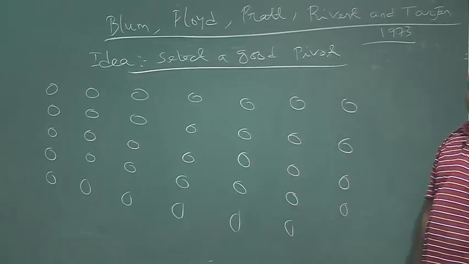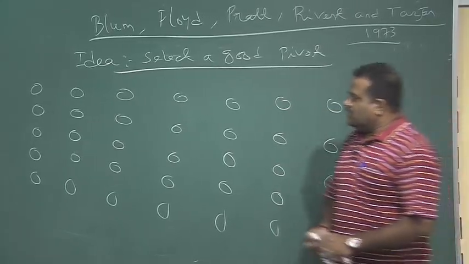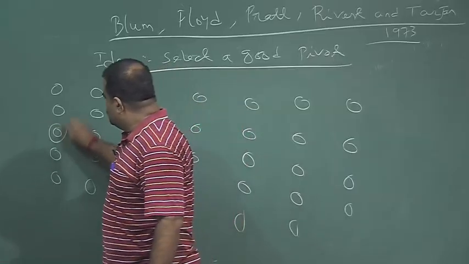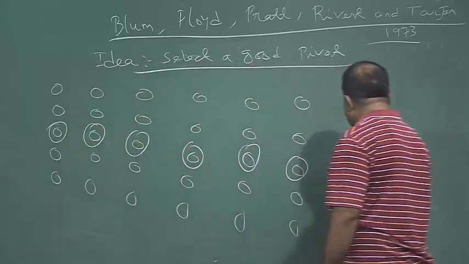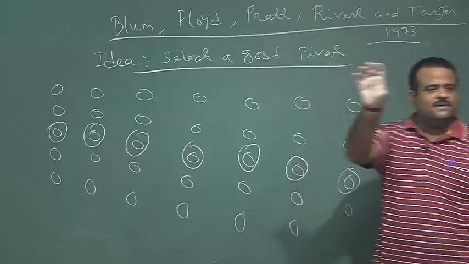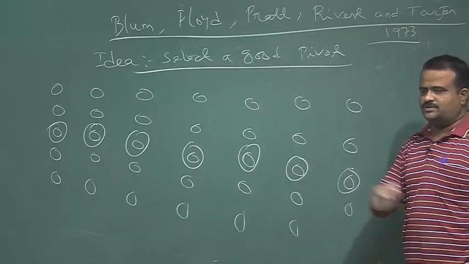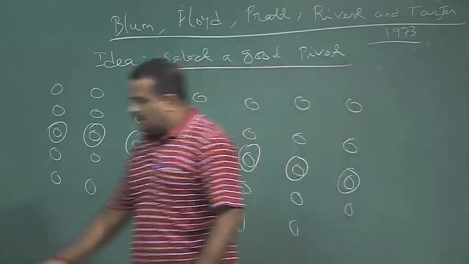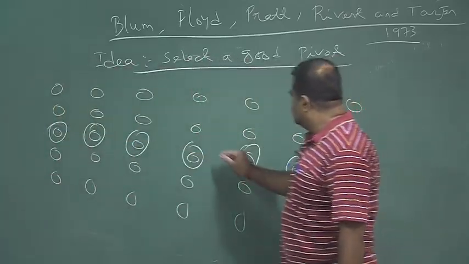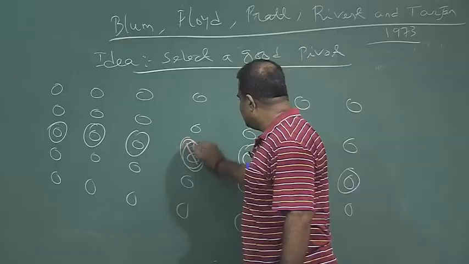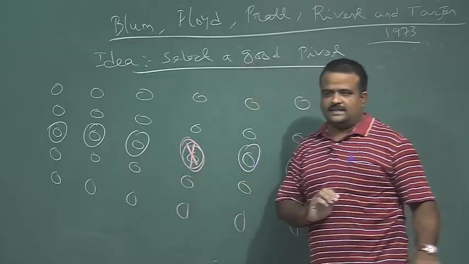So, roughly there are n by 5 groups. Now, we choose the median of each group, and with just 5 elements we can do that in constant time. After this, we choose the median of these medians, and that is our pivot element x.